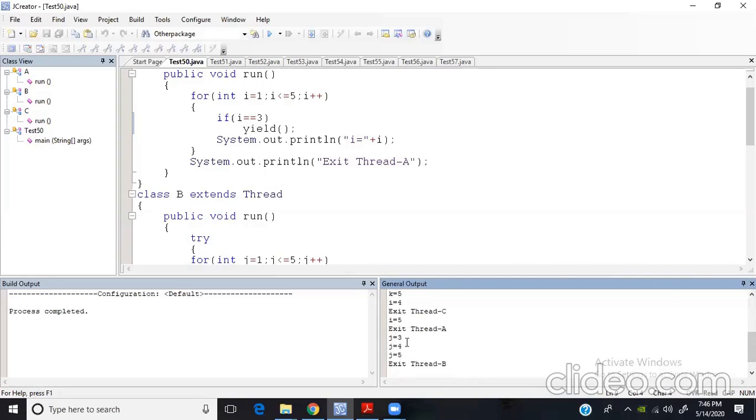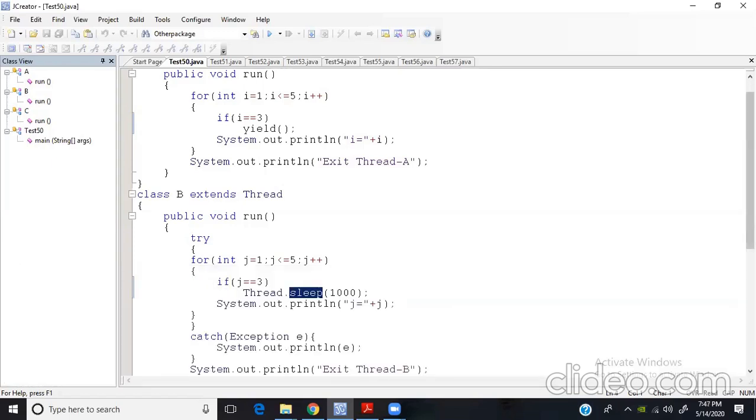Then thread B comes into the picture and executes the remaining part, that is J3, 4, 5, that is the SOPLN of J. That line also does not get printed when it goes to the blocked state. So that is the explanation of this output. You may get a different execution output for the next execution.